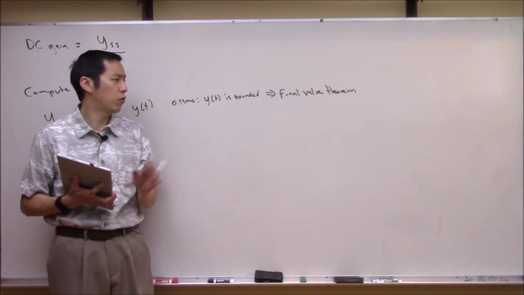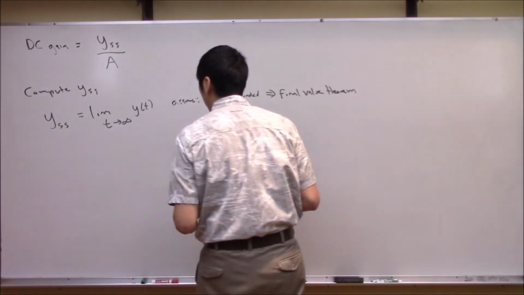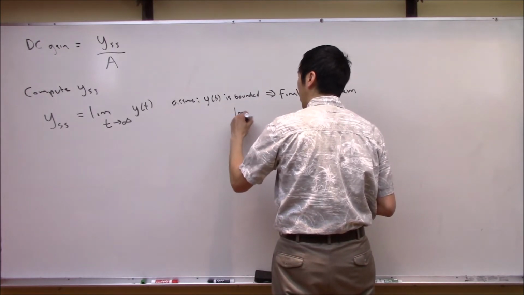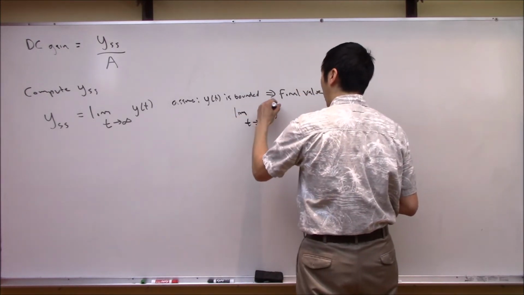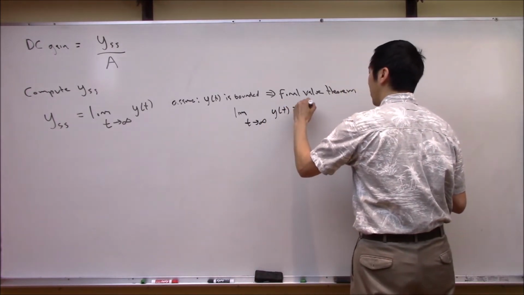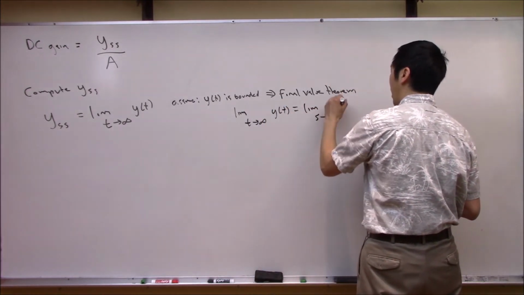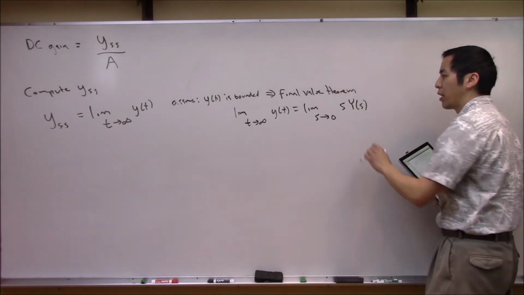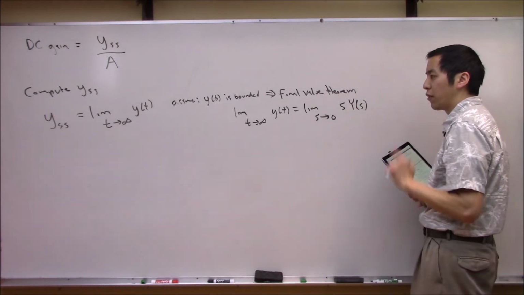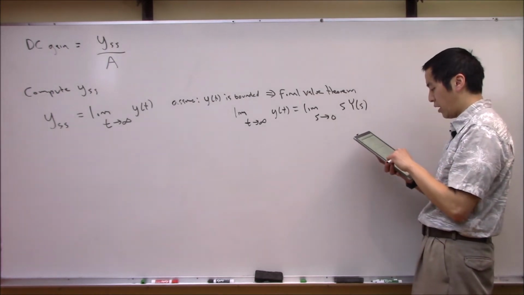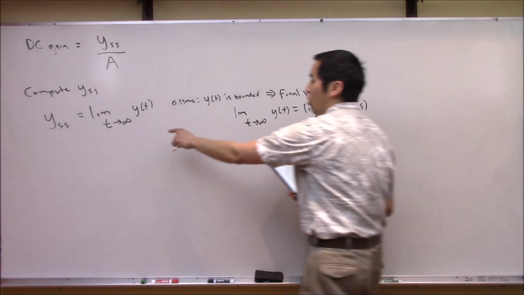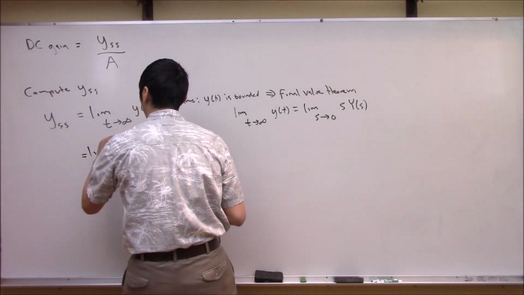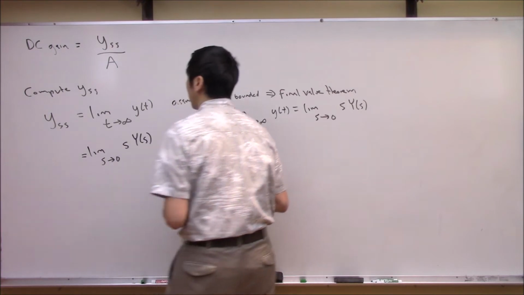The final value theorem said that the limit as t goes to infinity of y(t) is the limit as s goes to 0 of s times Y(s). It relates the behavior of the system in the Laplace domain to its steady state behavior in the time domain. So I can replace this with the limit as s goes to 0 of s times Y(s).